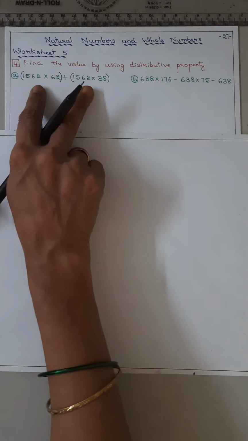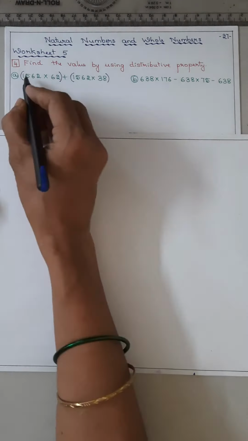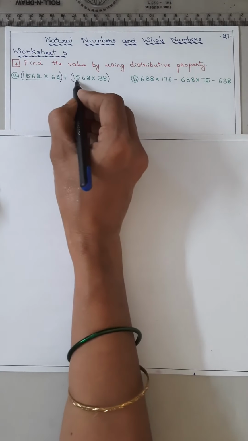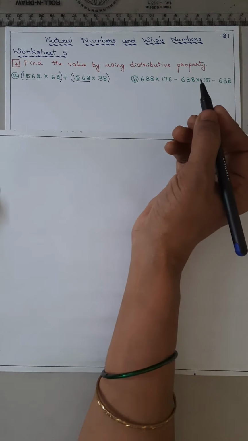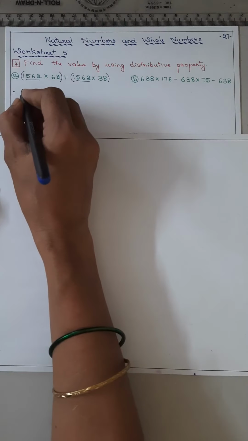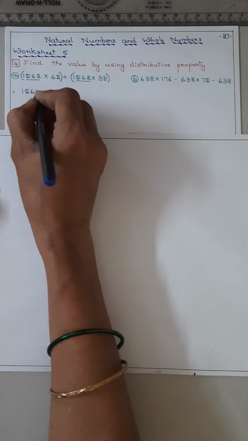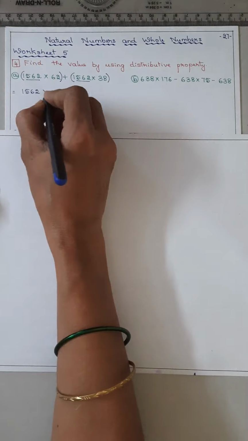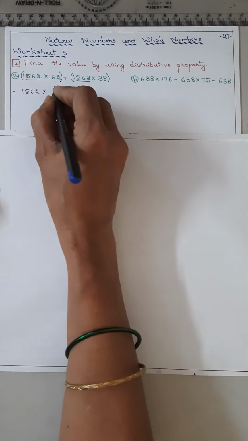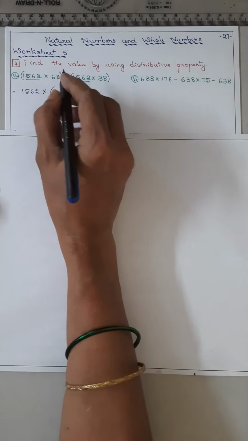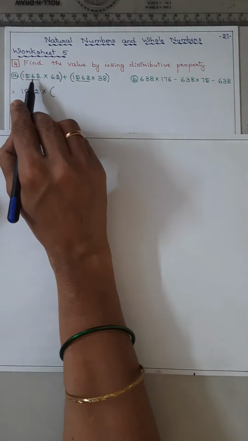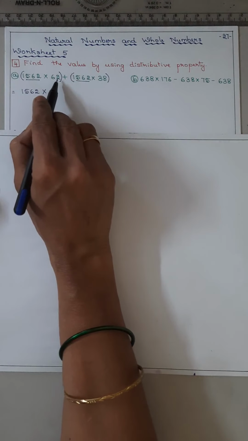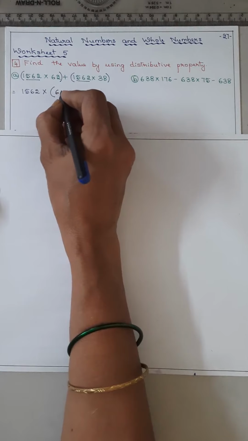Now in these two, what is common? 1562 is common, isn't it? So write 1562 first, then put the multiplication sign, and what is remaining? That is 62.